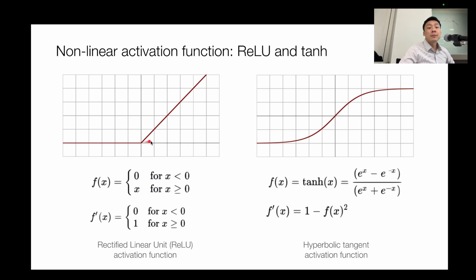It should not be sigmoid, because the derivative is the slope, right? The slope of this part is 1. The slope of this part is 0. So you get something like this. When x is less than 0 it's 0. When x is more than 0, it's a linear function, so the slope is also 1.